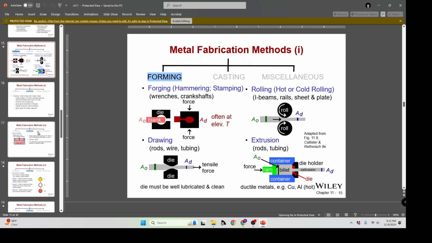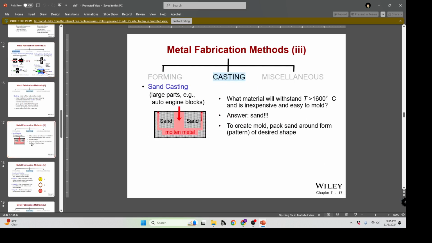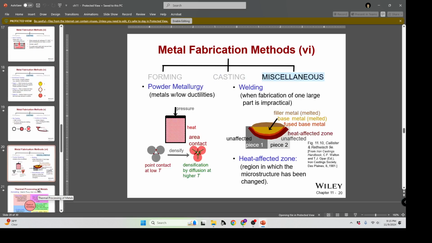We use a lot of these in a lot of different applications, so it's important to know those. Important to understand the effects that these methods, forming, casting, and powder forming, where we're essentially doing metal injection molding with powders and then sintering them, meaning fusing the surface areas almost into new macroscopic grain boundaries.